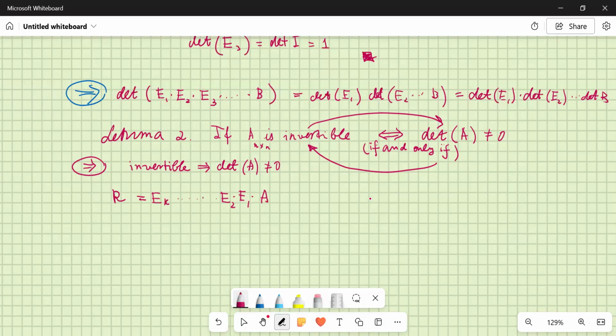Well, if A is invertible, then you can bring it to reduced row echelon form, and that's supposed to be identity matrix, right? Well, let's calculate determinant of this R and determinant of the right side, which is going to be determinant of the product, right?